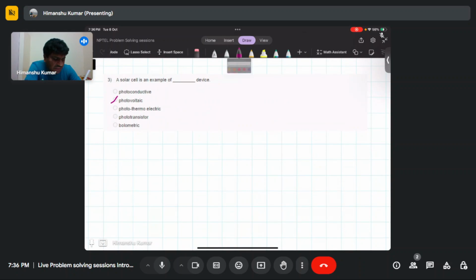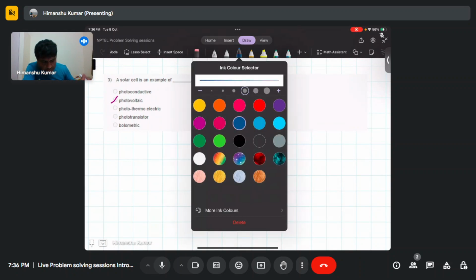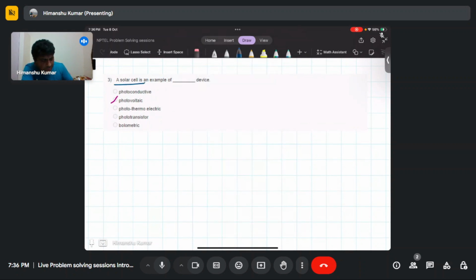The next problem asks: a solar cell is an example of which kind of device? The first option is photoconductive devices. Photoconductive devices are devices in which the resistance changes based on the number of photons you inject.